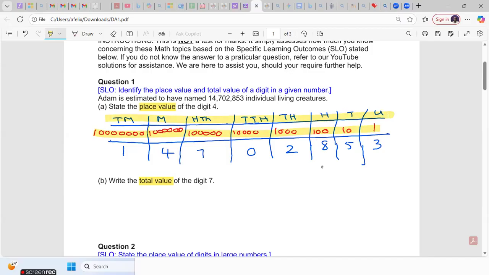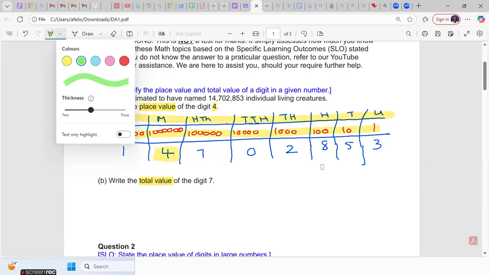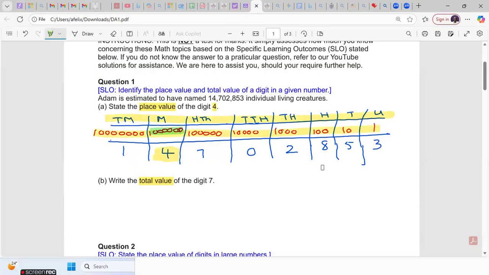So if the question zeroes in on the digit 4, state the place value of the digit 4, and asks you what is that place value, then the answer you should write is that it occupies a place value of 1 million. So the response, what is the place value of the digit 4? You can write it occupies the million position. So that's the place value, million.